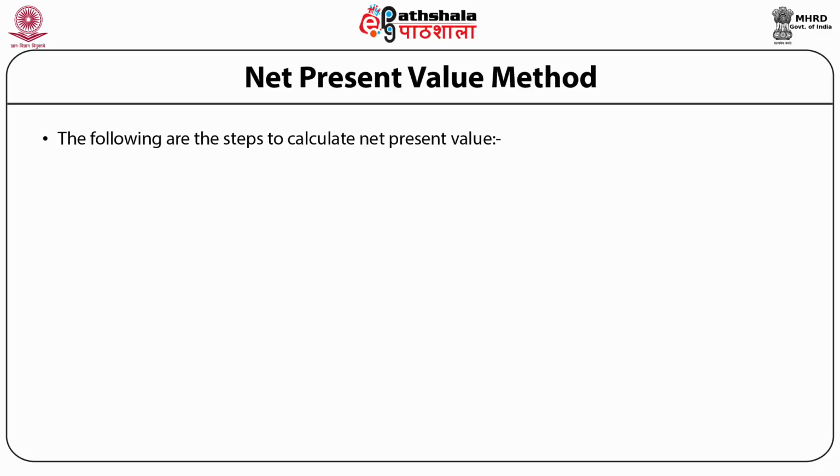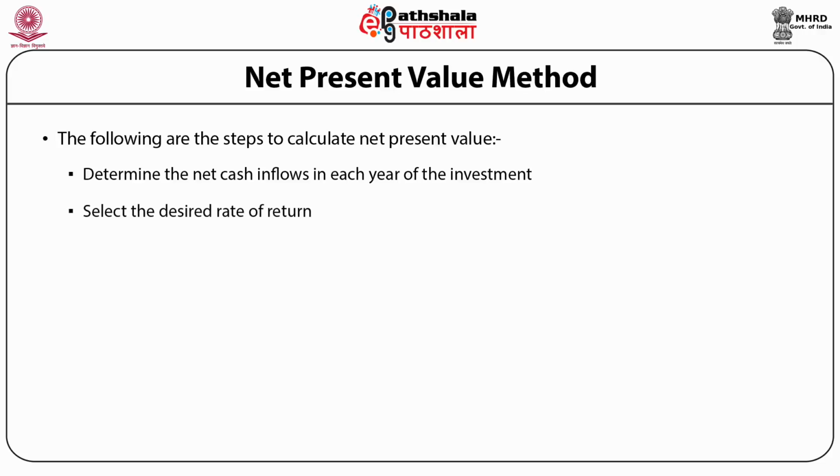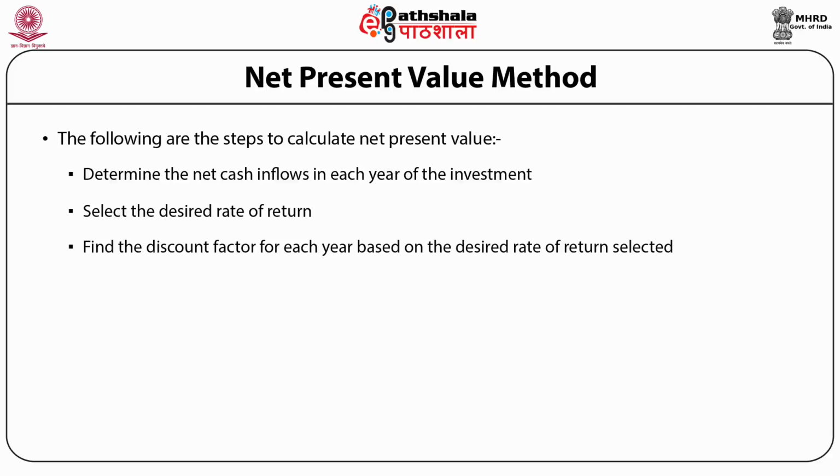Number 1. Determine the net cash inflows in each year of the investment. Number 2. Select the desired rate of return. Number 3. Find the discount factor for each year based on the desired rate of return selected. Number 4.